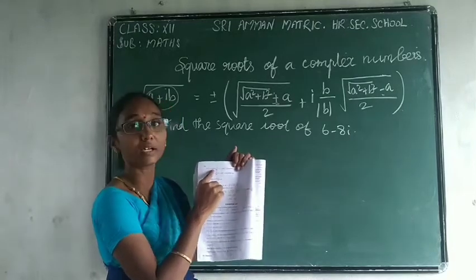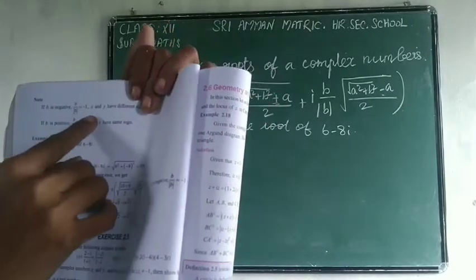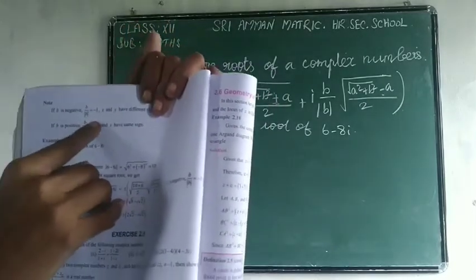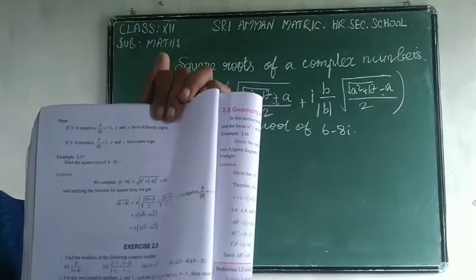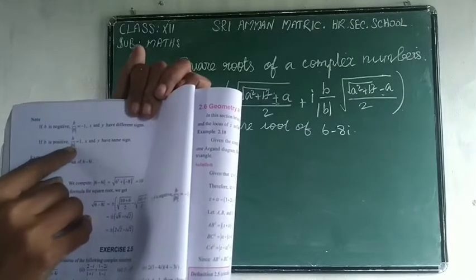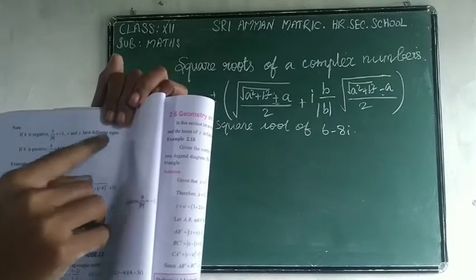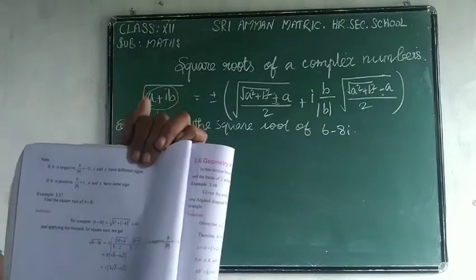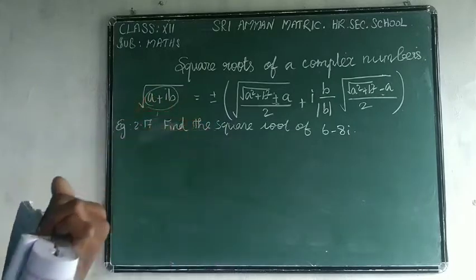If b is negative, b divided by mod b equals minus 1, and x and y have different signs. If b is positive, b divided by mod b equals 1, and x and y have the same sign. I explain this note, and see the sum also.